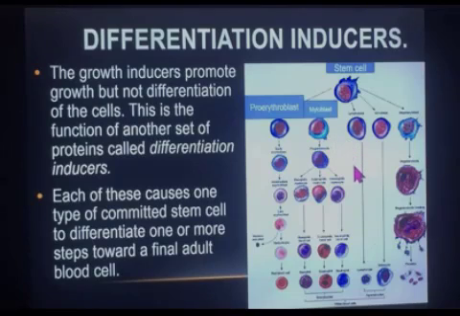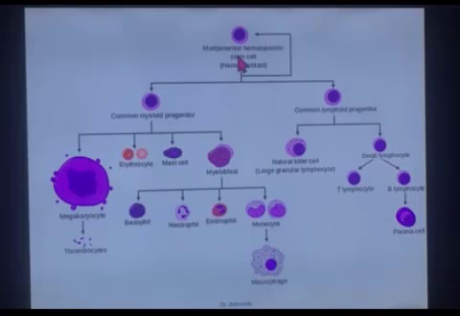Multiple different cells in the blood come from the multipotential hematopoietic stem cell, or hemocytoblast, and when the growth inducer acts on this cell, it causes production of a particular type of cell. It may produce a progenitor cell for the RBC or a progenitor cell for the WBC.